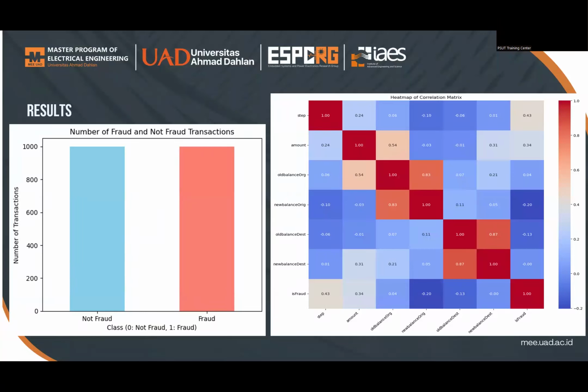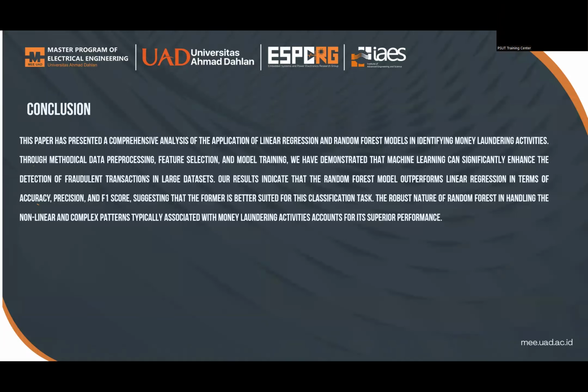This data set is a balanced data set, which represents 1,000 transactions that are not fraud and 1,000 transactions that are fraud. On the right-hand side, we represent the heat map of the correlation matrices, which shows the relation between the fraud and non-fraud. This heat map is represented by using the Pearson correlation relationship between the features and the class.